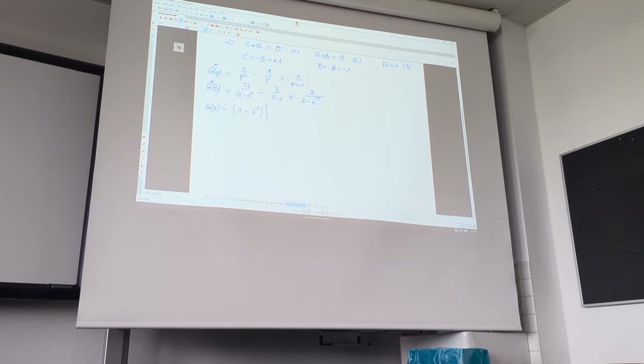So we have 1 minus Z to the power of minus 1 times this expression: Tz over Z minus 1 squared minus Z over Z minus 1 plus Z over Z minus e to the power of minus T. And this is our G of Z.